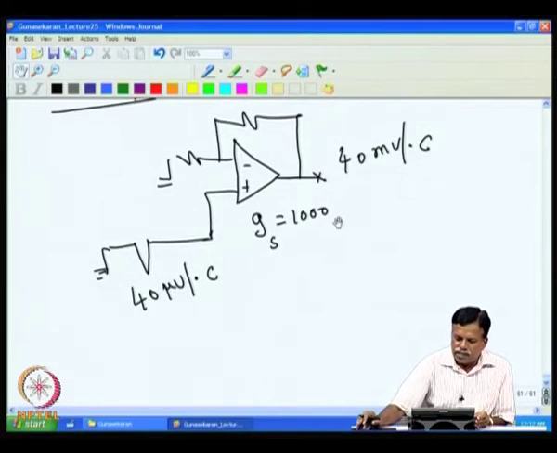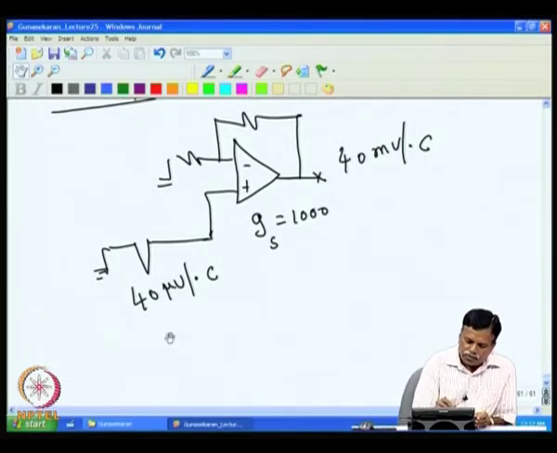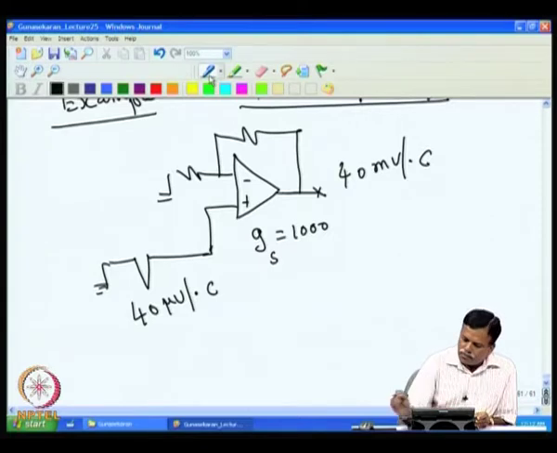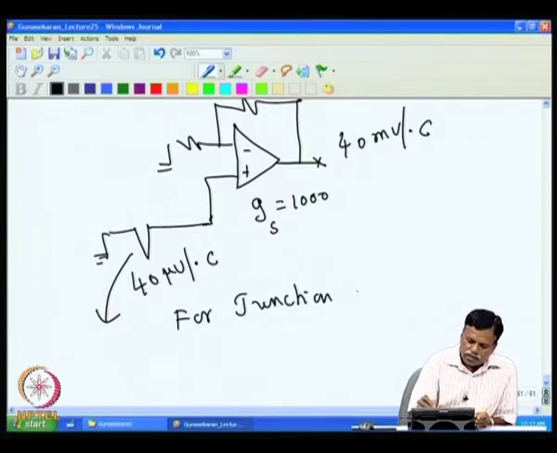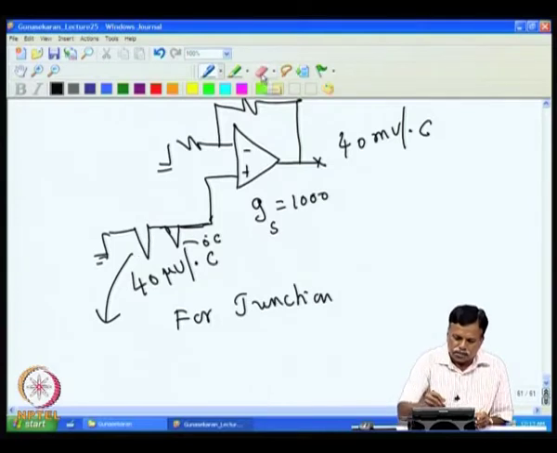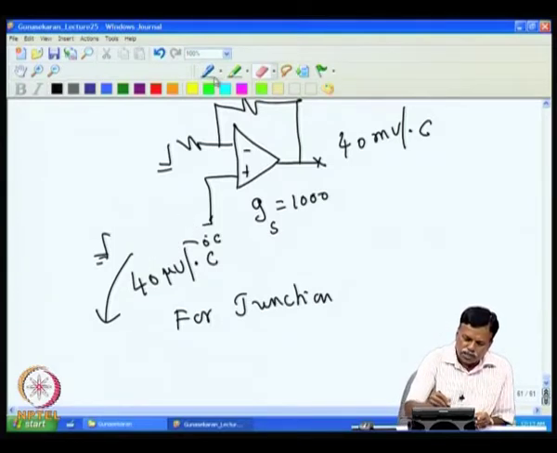So, for a junction temperature difference of 100 degree, to avoid confusion, you can also have two junctions, one at 0 degree C and one at 100 degree C. Those who are not familiar need not worry about the single junction thermocouple.